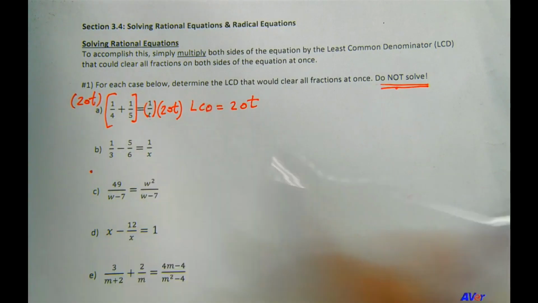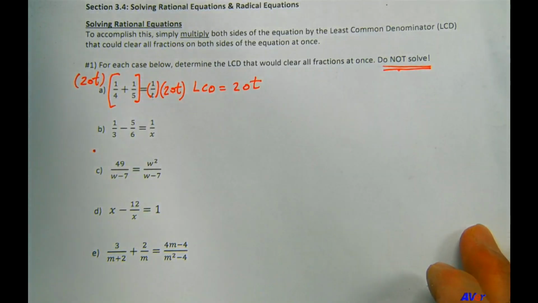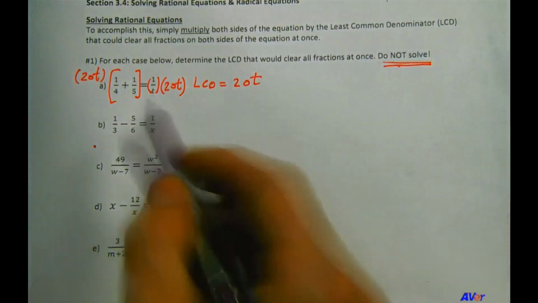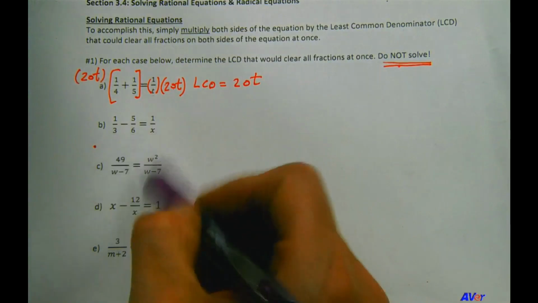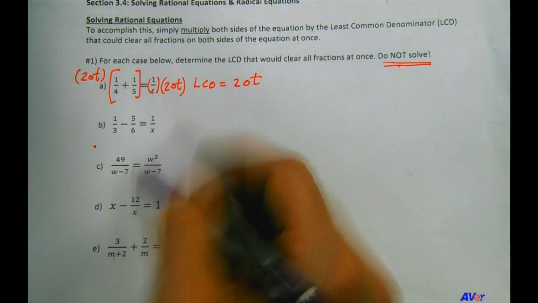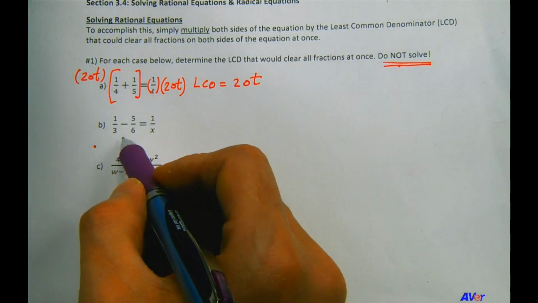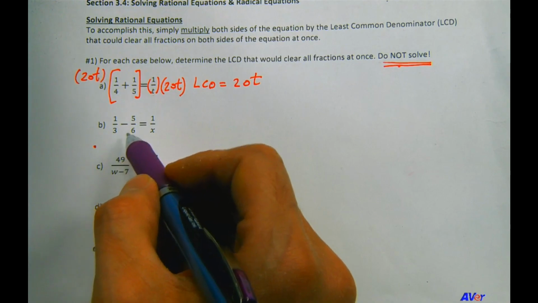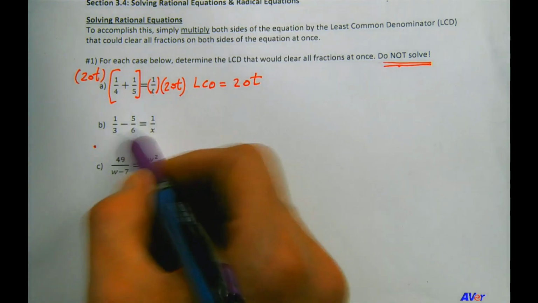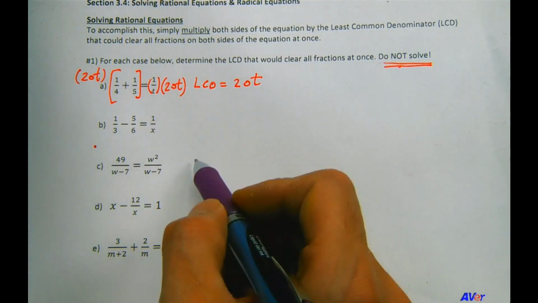But for now, I want to make sure that everyone knows how to clear all fractions in a rational equation like that. Okay? So this one, what would you say is a single term that we can multiply both sides of the equality by to clear all three fractions at once?